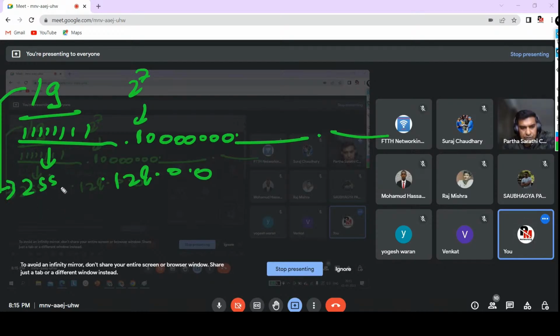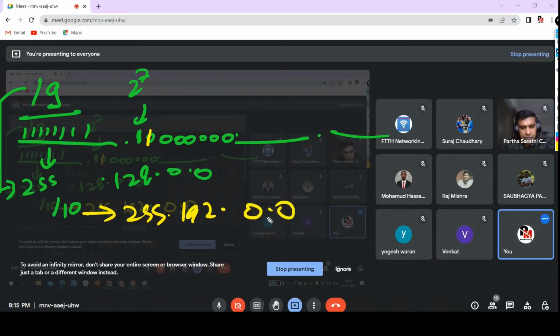Yes. Okay, so what will be the subnet mask for /10? Here you can see this bit is also 1, this one is also 1. So it will be 128 plus 64, that is 192. So for /10 the subnet mask will be 255.192.0.0. Am I right? Yeah.